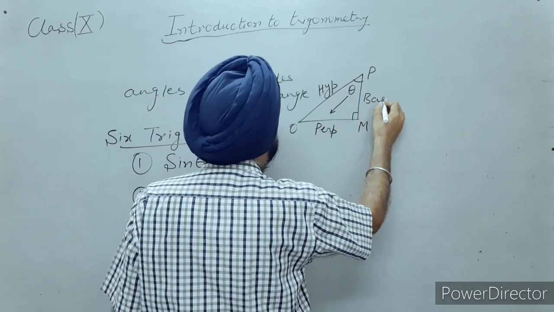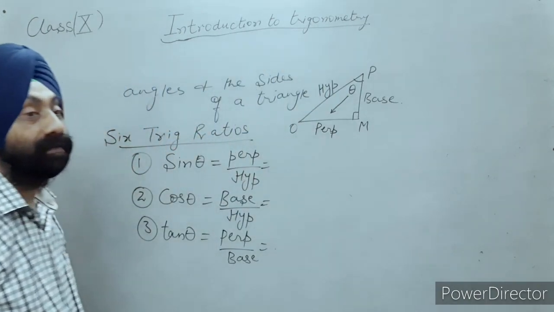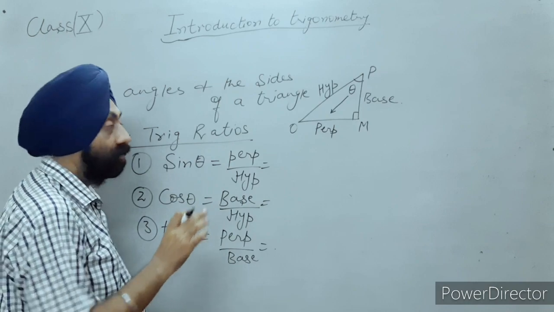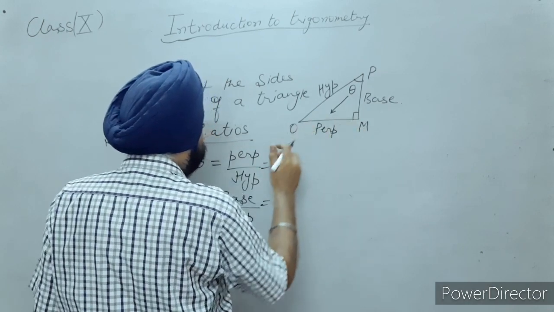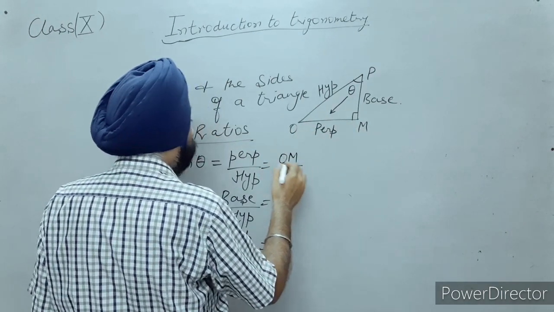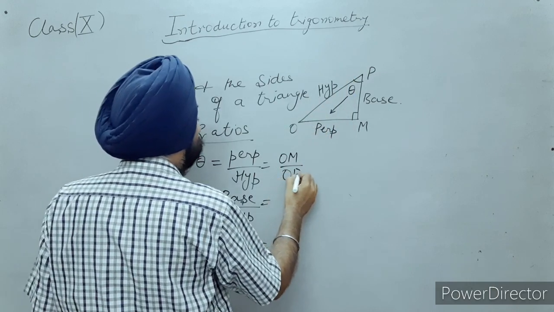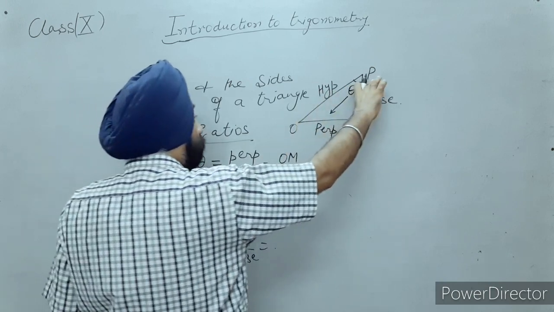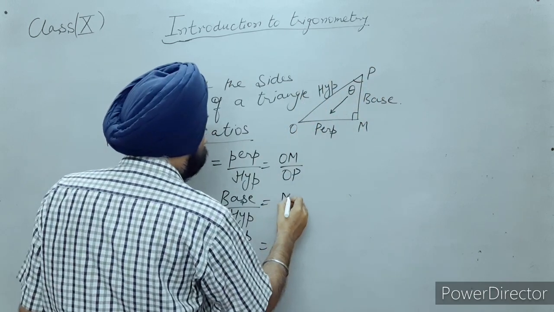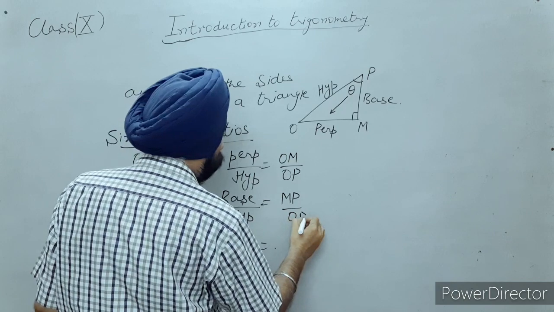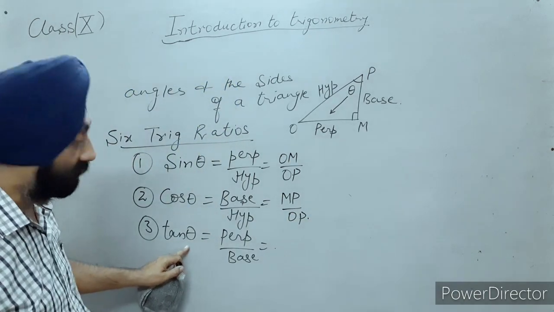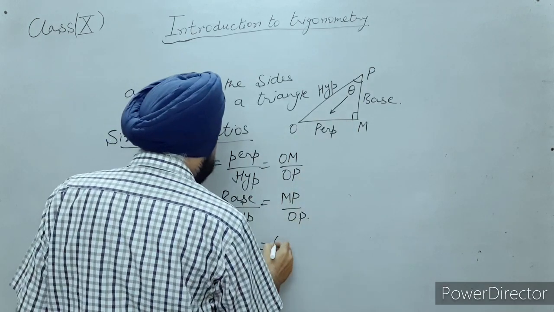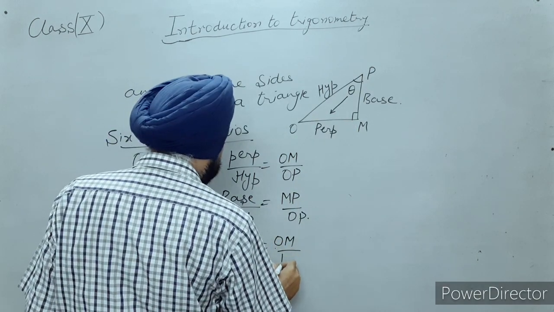This is the base now. Now, sine theta remains perpendicular upon hypotenuse. Only thing is, perpendicular is now OM and the hypotenuse is OP. Cosine theta remains as it is, base upon hypotenuse. Base is MP, hypotenuse is OP. Now tangent of theta is perpendicular upon base. Perpendicular is OM, base is MP.